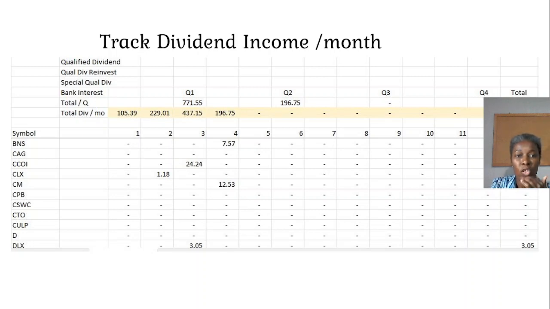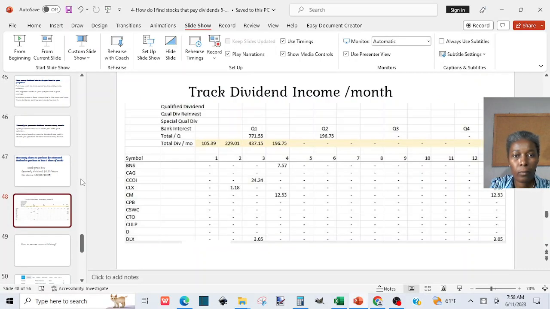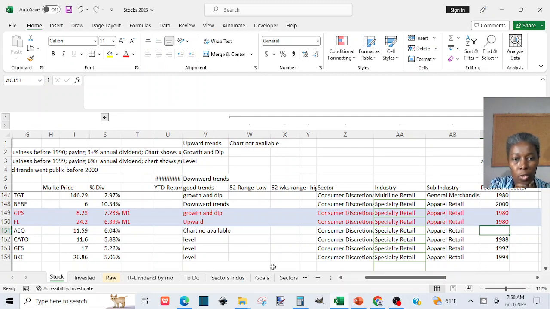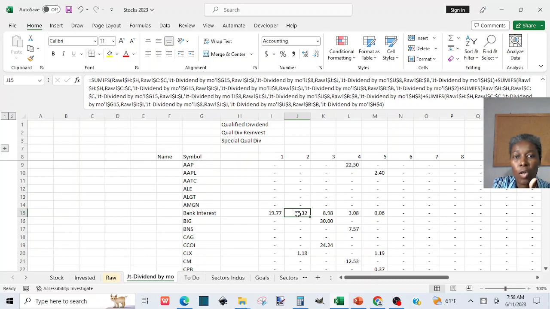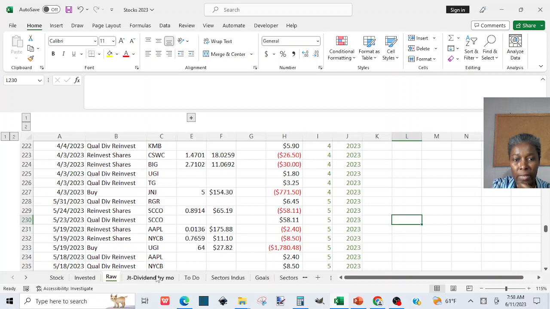In your stock spreadsheet, you can have the list of the companies you invest in, and then you can manually enter the dividend income that they pay you, or you can use a formula by pulling from data that you can download to your spreadsheet.